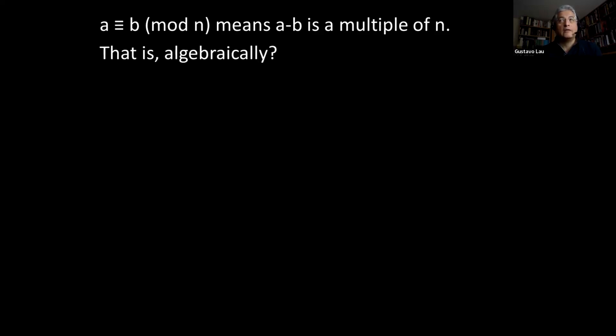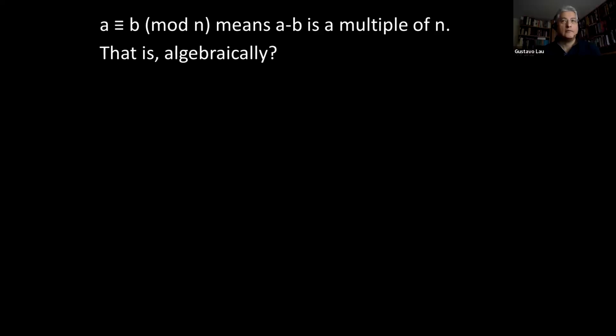I mean, like with an algebraic formula. I mean, algebraically, how are the multiples of N? Or could you list me the multiples of N? Zero N, 1N, 2N, 3N, 4N.